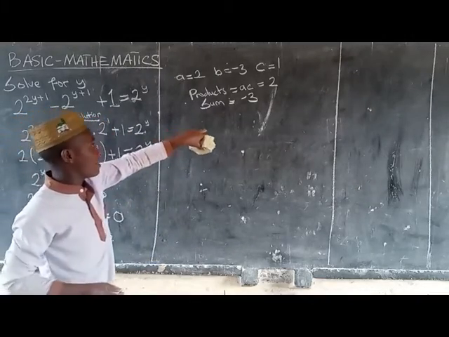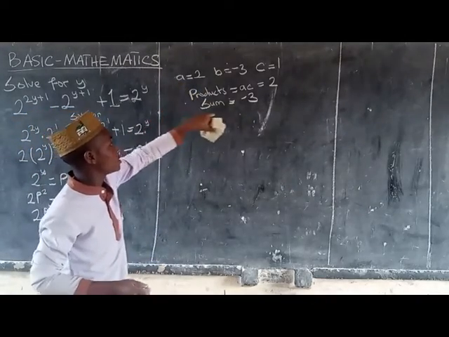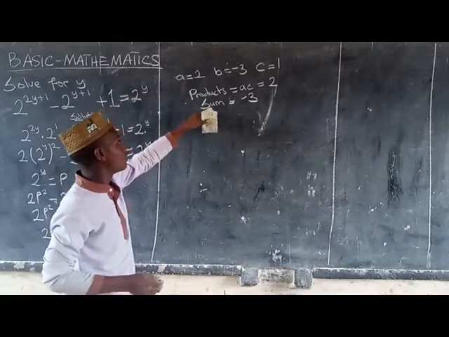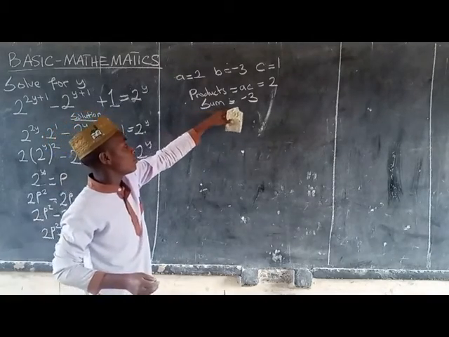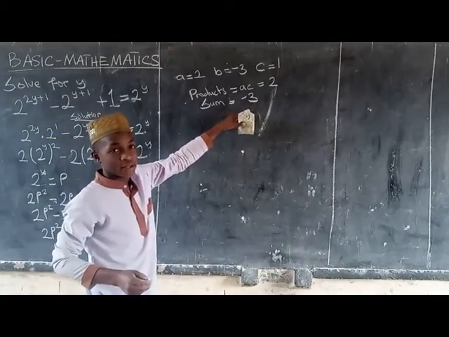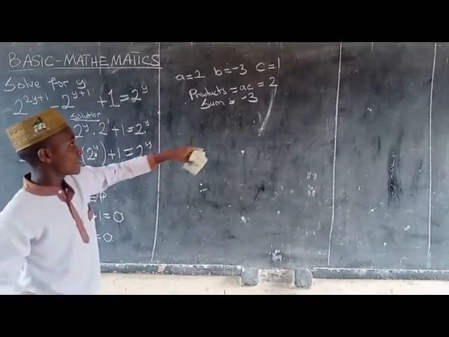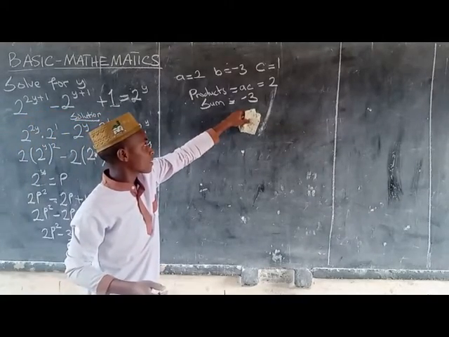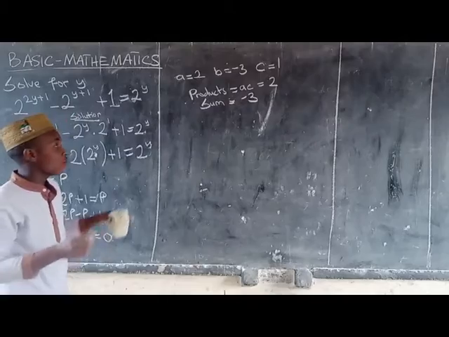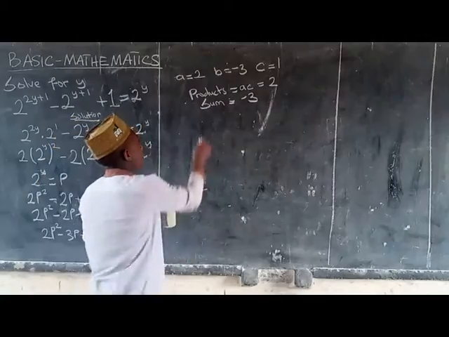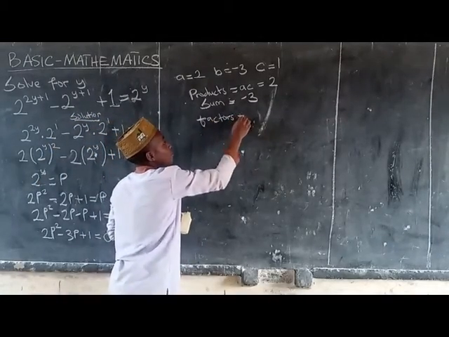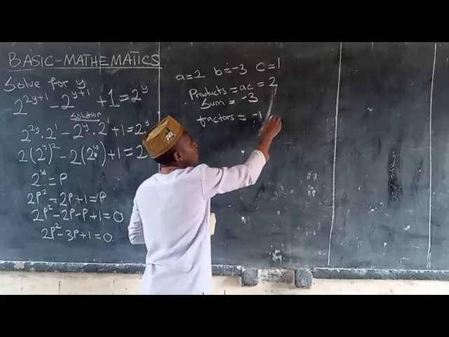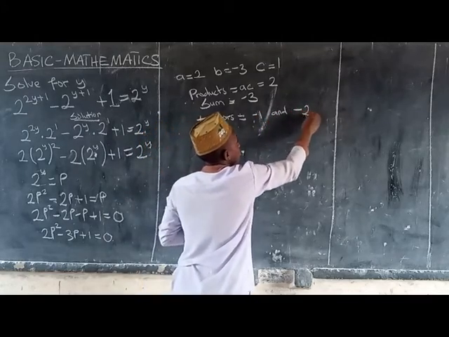Now we need the numbers that when multiplied give 2, and when added give negative 3. Dear audience, since my sum is negative, both factors will be negative, whereby our factors will be negative 1 and negative 2.